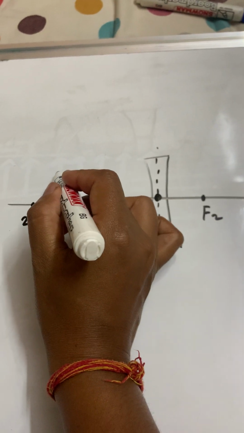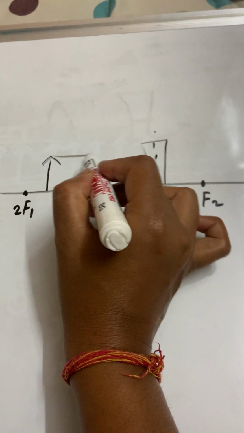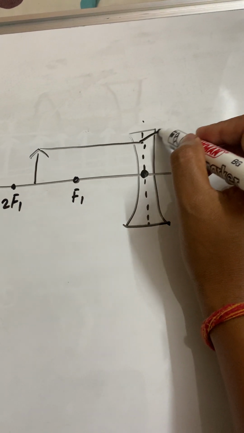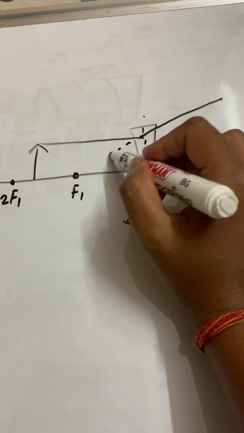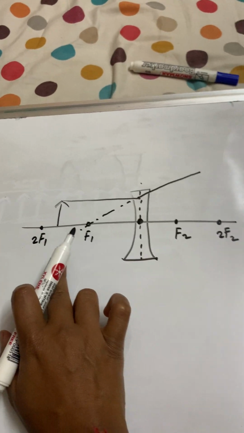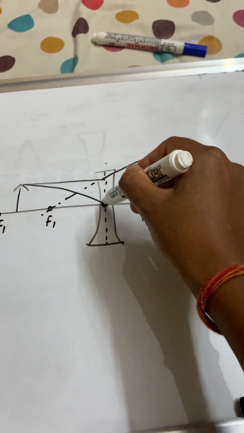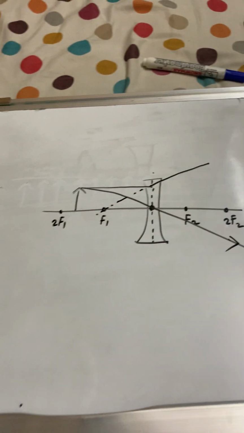The concave lens is a diverging lens. So wherever your object is, suppose the object is here, it diverges the light rays, but when you produce them backward, they meet at the focus, but on the other side. Another is the light ray passing through the optic center, it remains the same.